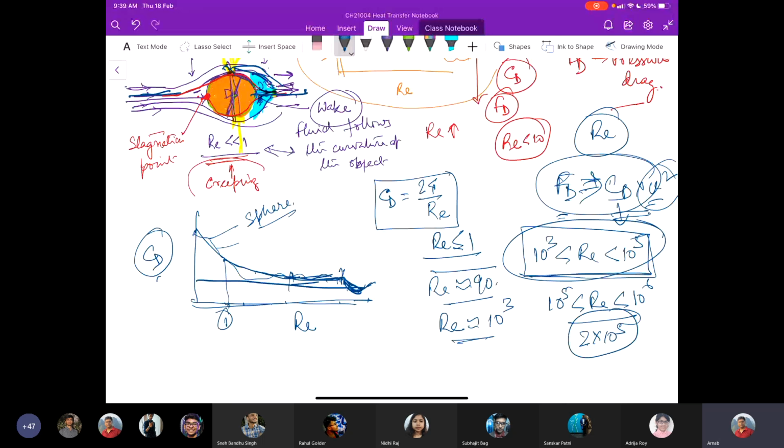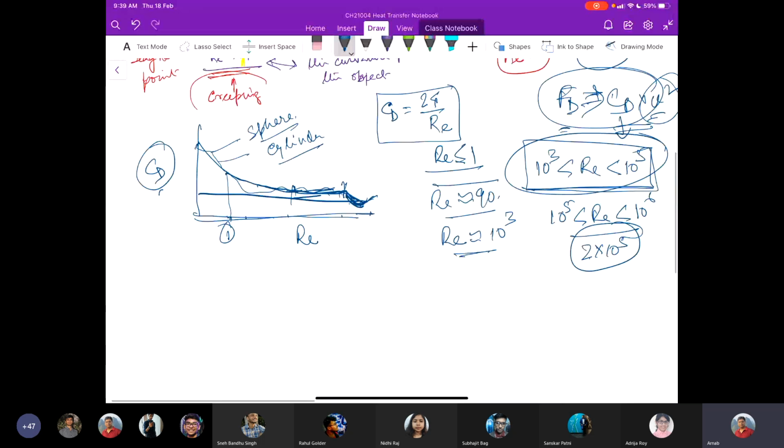Usually the separation happens when the boundary layer is laminar. So you have this kind of body, and this is the laminar boundary layer.